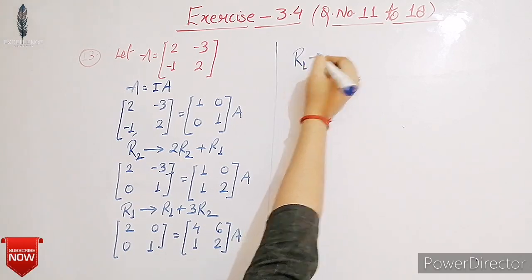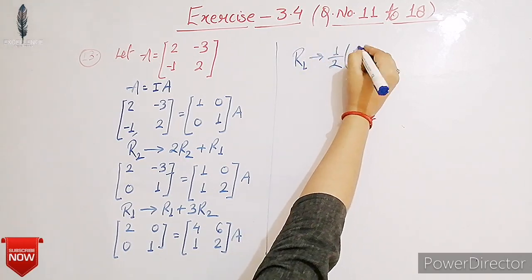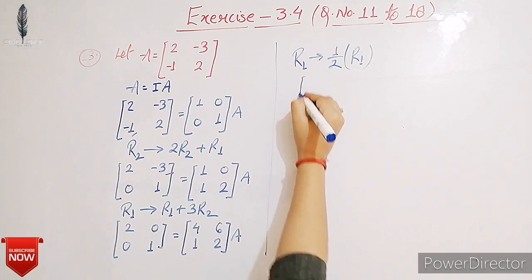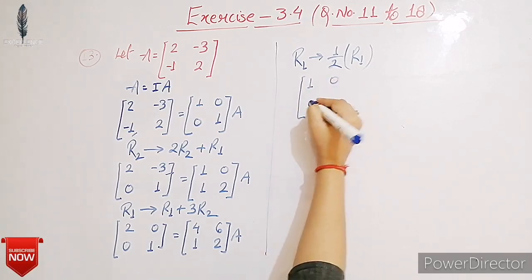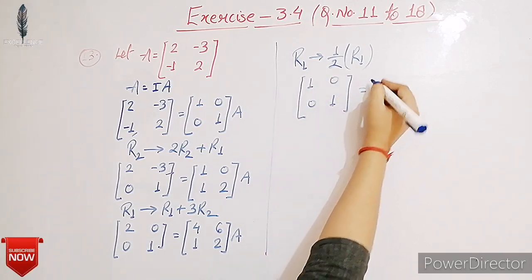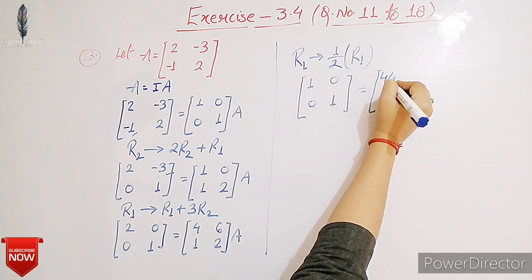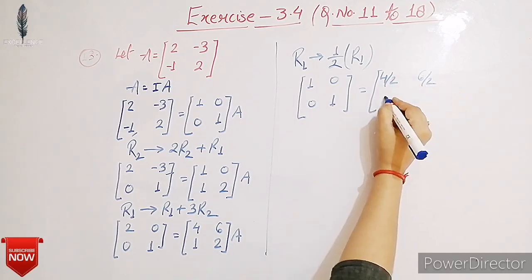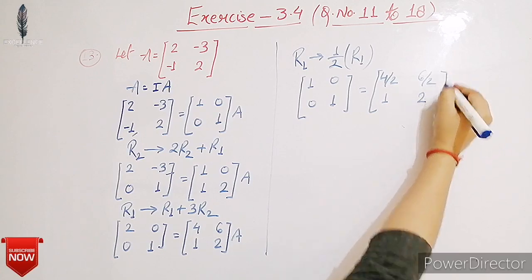So simply R1 changes to 1 by 2 R1. Then we get the identity matrix 1 0 0 1, equals 4 by 2, 6 by 2, 1 and 2, times A.